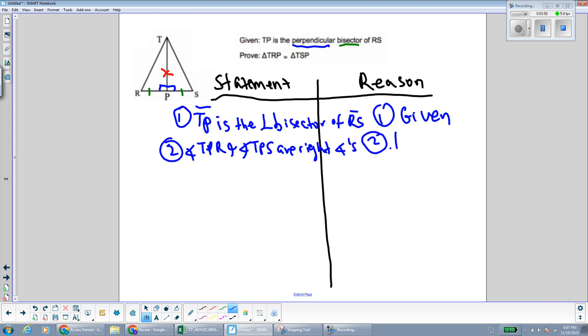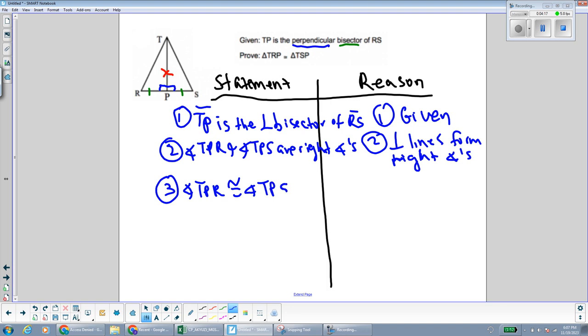And we knew that because perpendicular lines form right angles. After that, we were able to say that angle TPR and angle TPS are congruent to each other because they're both right angles, and all right angles are congruent.